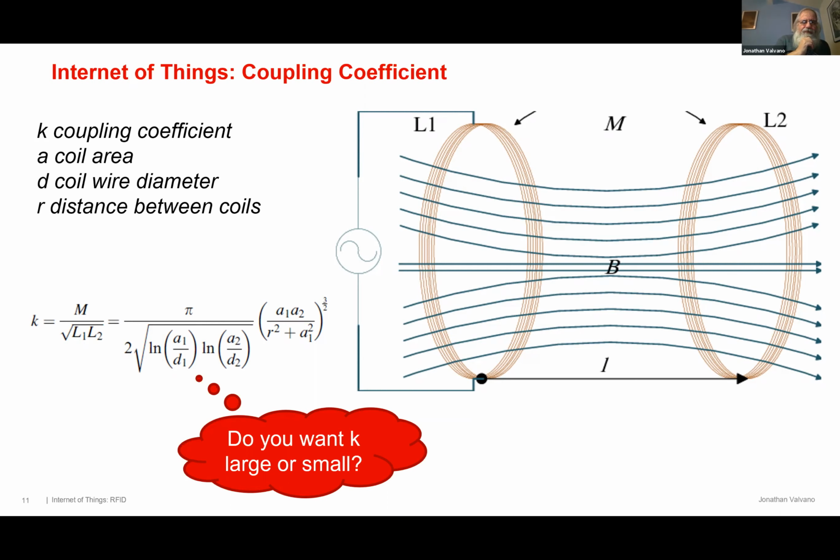But you probably can guess that the A's in the numerator dominate the A's in the denominator. So you want A large. Okay. So A large, D large. Okay. R small. You want them close together.